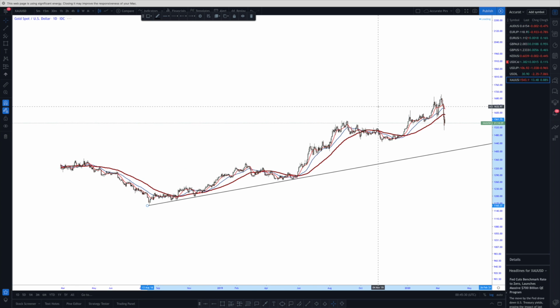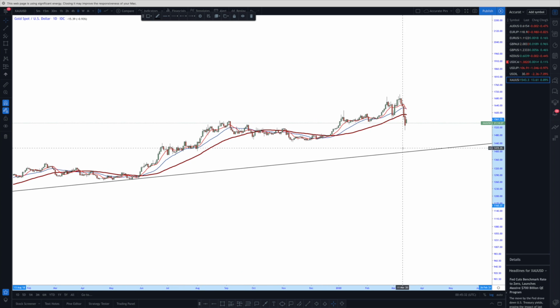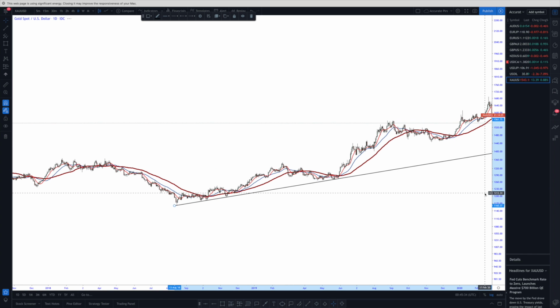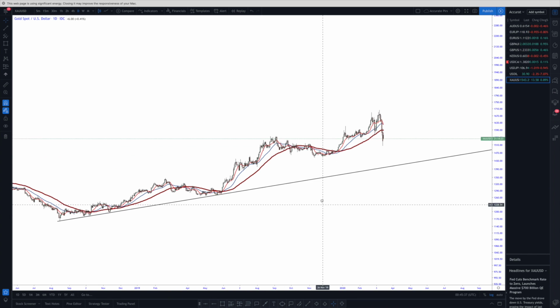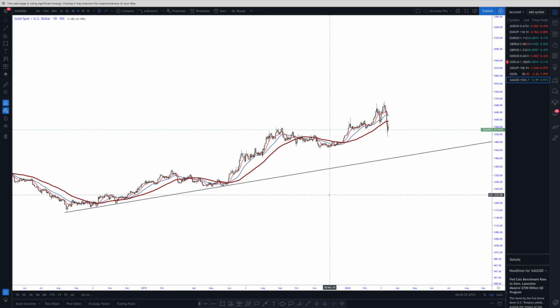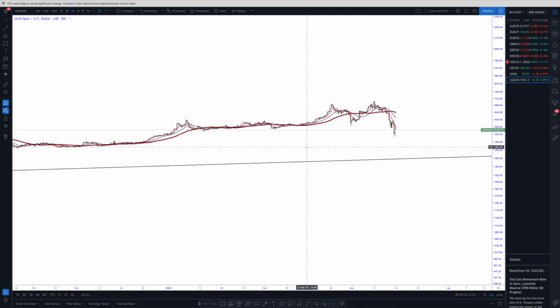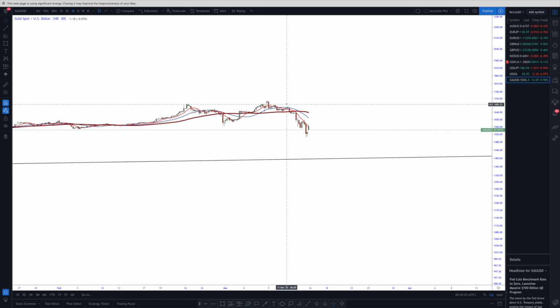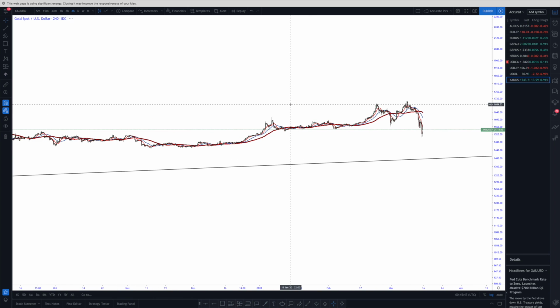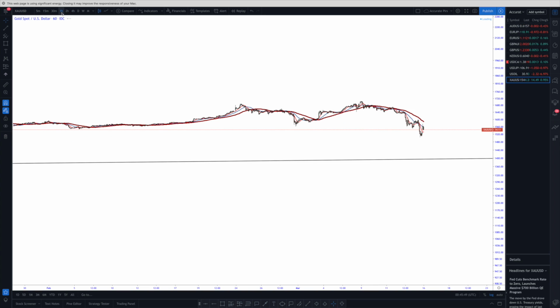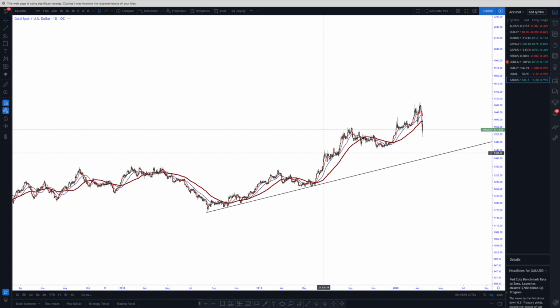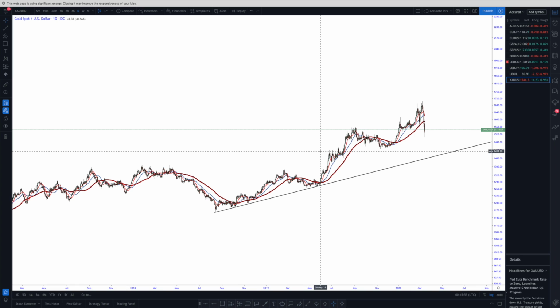Move down to the daily time frame. Not seeing much. Yeah, not seeing much on gold. Just keep in mind that gold is still in a valid uptrend.